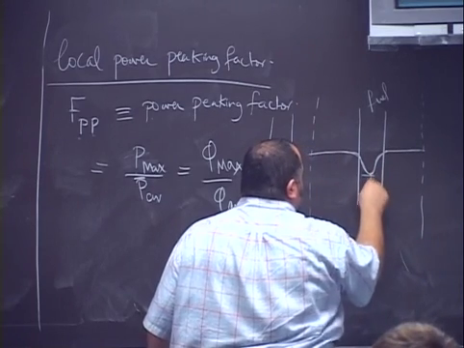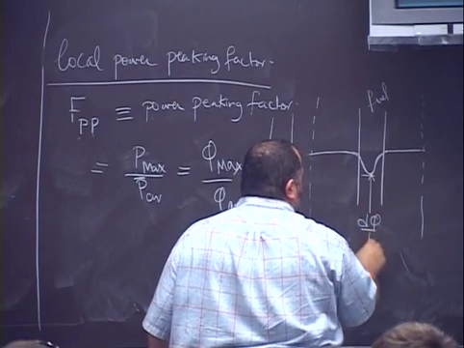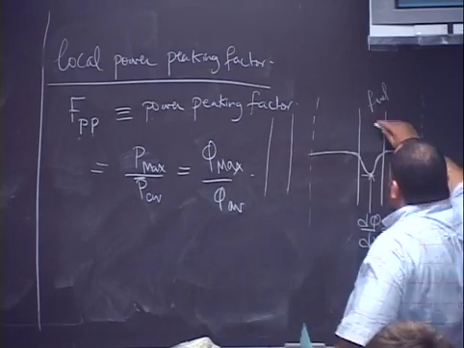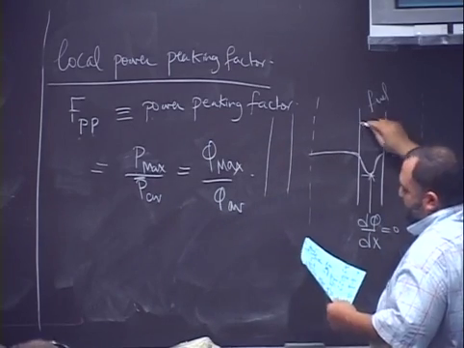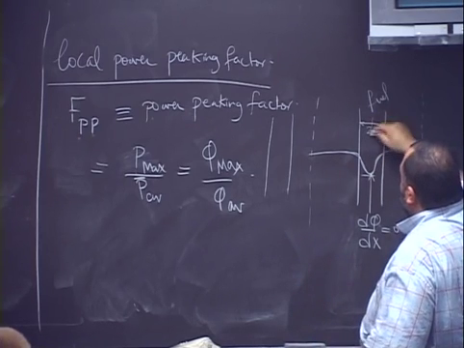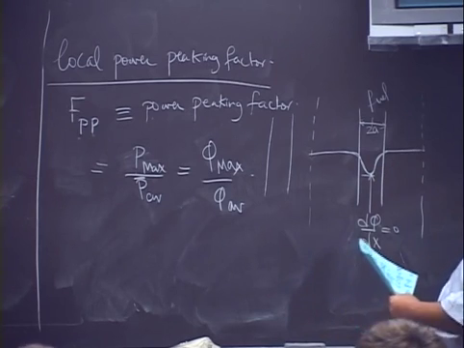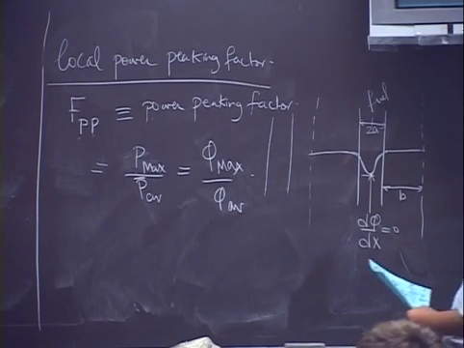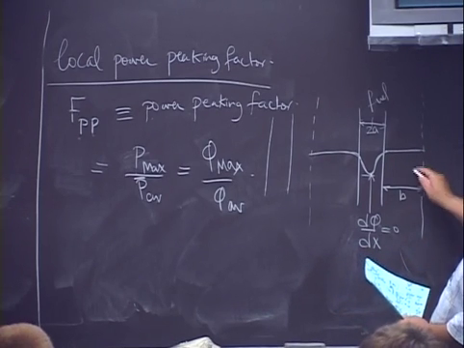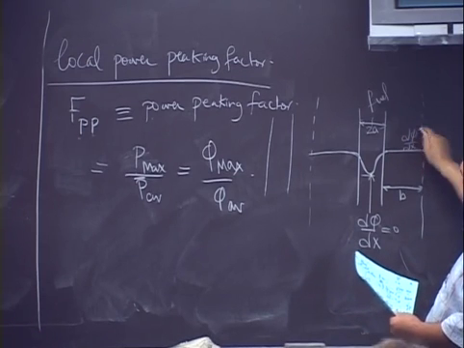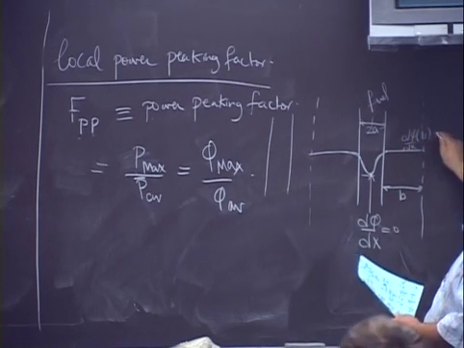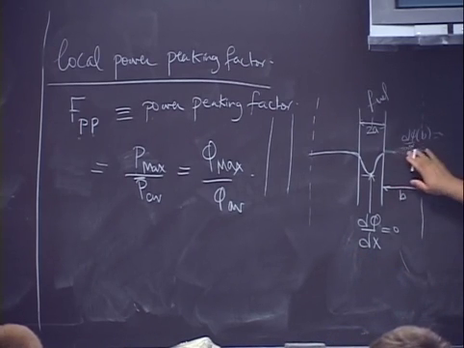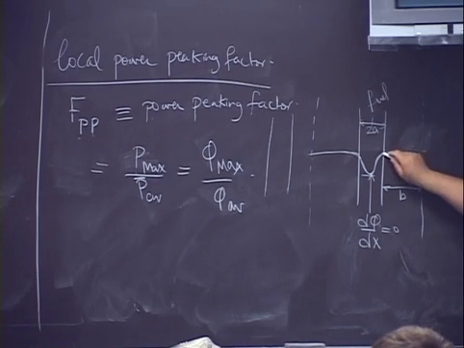The derivative at this point, d phi by dx, is equal to 0 because you have a minimum. Let's assume the thickness of the fuel is 2a, so half of it is a and half of it is a. The thickness of the moderator region is b. And you know that d phi by dx at b is equal to 0. Why equal to 0? Because the flux in the moderator will be like this.